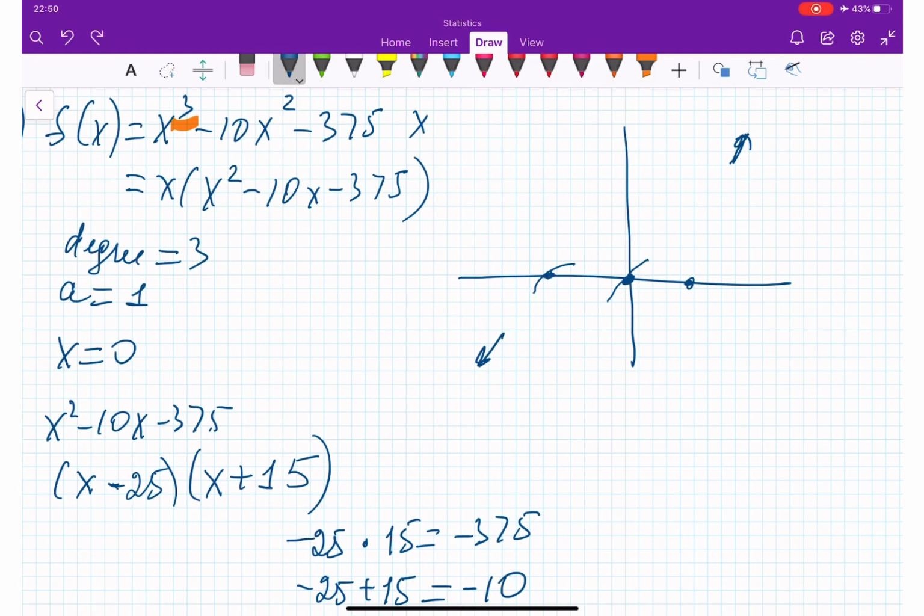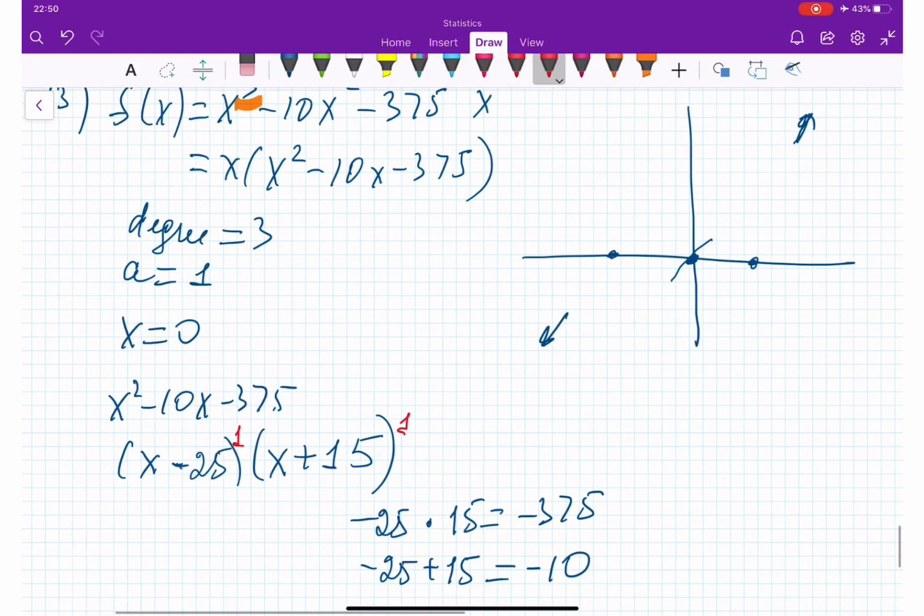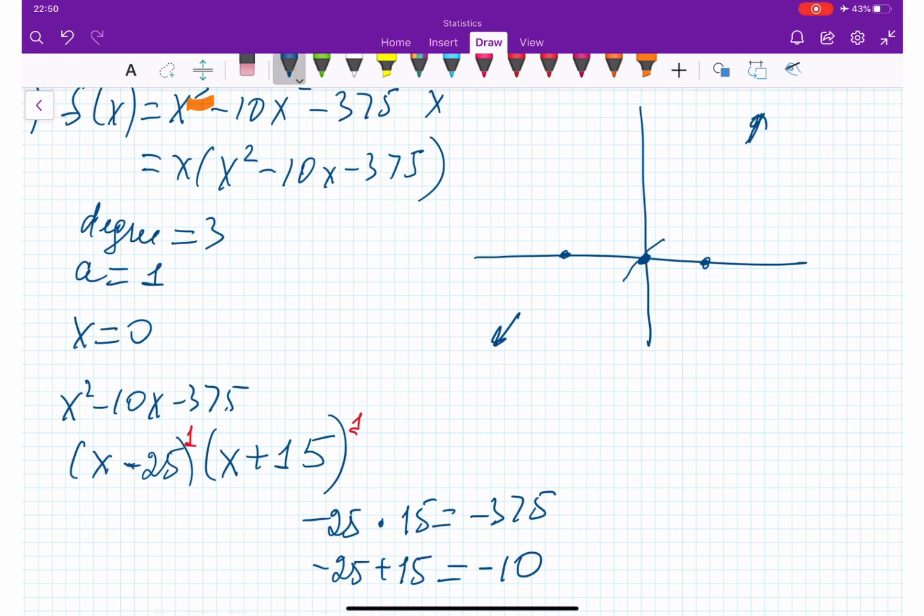Since this is a quadratic expression, after you factor, it's going to be degree 1, degree 1, right? That's what's important for us right now, which means it's going to cross and not turn. So if it's going to cross, then it's going to go obviously like this.